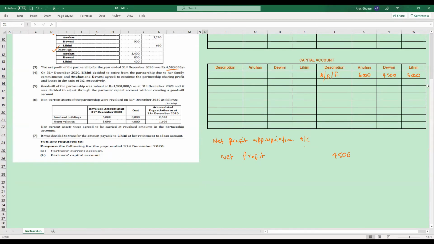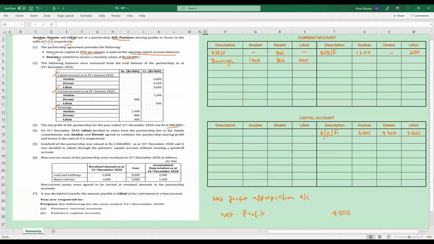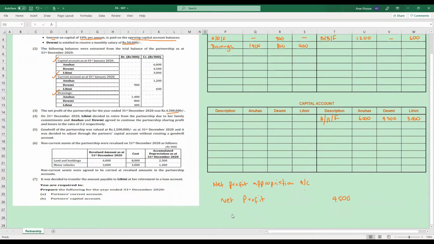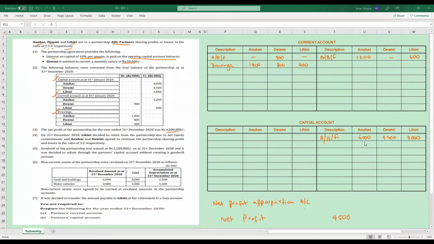Then what we need to do is record these transactions to calculate the profit to be distributed among the partners. First of all, let's take the interest on capital. How much is the interest on capital? Here you can say less interest on capital, 10% to be calculated. The capital balance is 6 million.